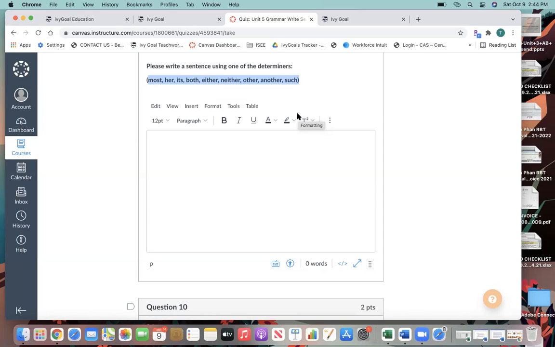It kind of gives you a reference for the noun, right? I think they usually work with nouns. So it describes nouns.